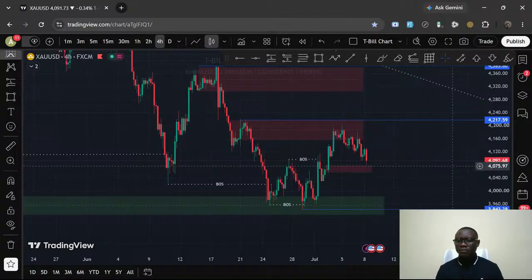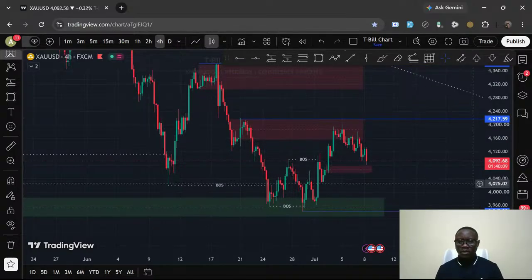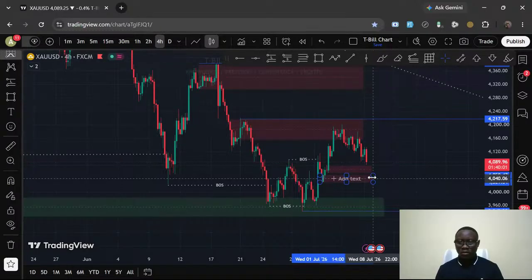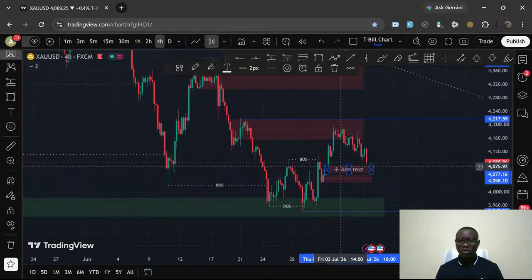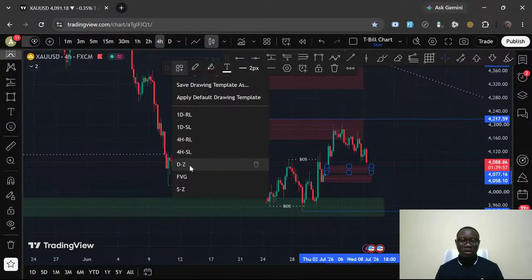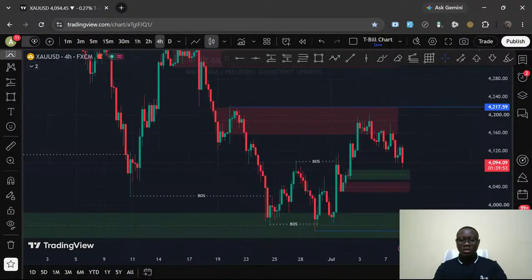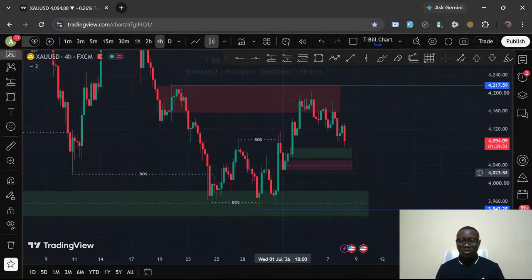Okay, so we have that, and there's also another block right here. Right, so we have this demand order block, let me zoom in, and we also have this order block right here.